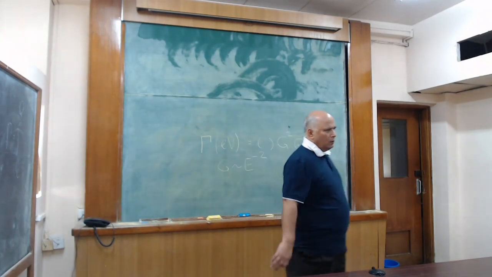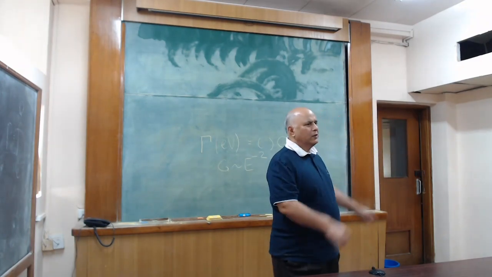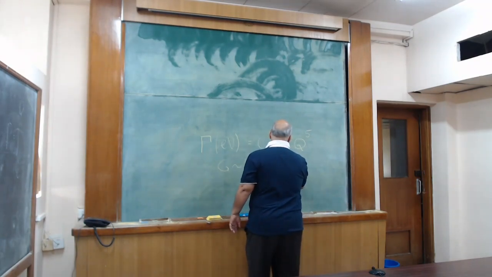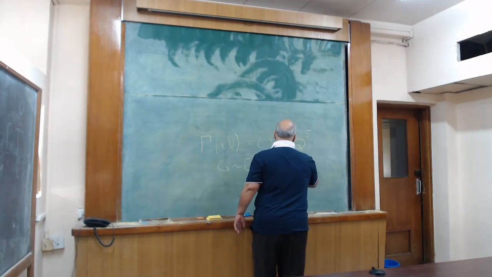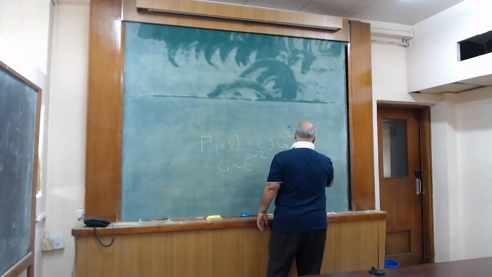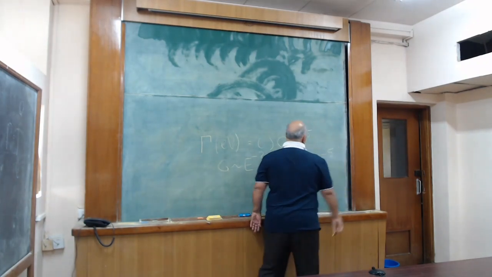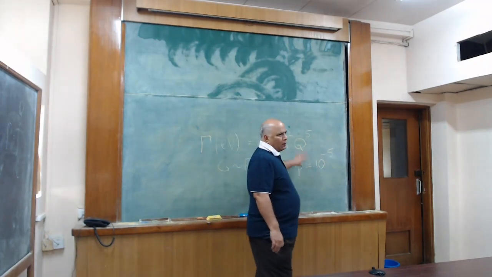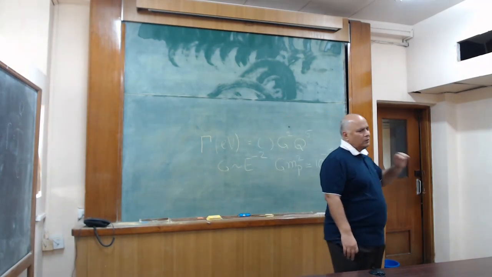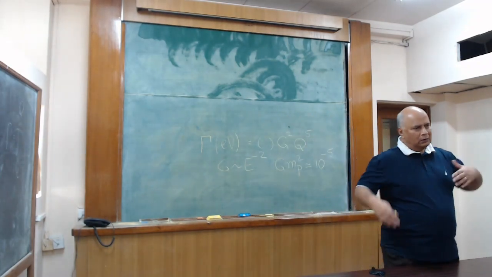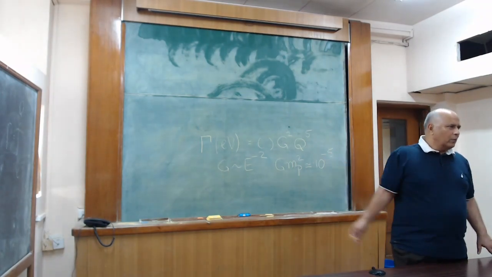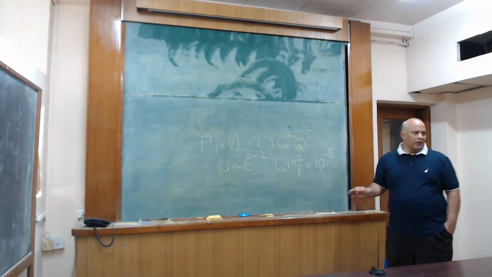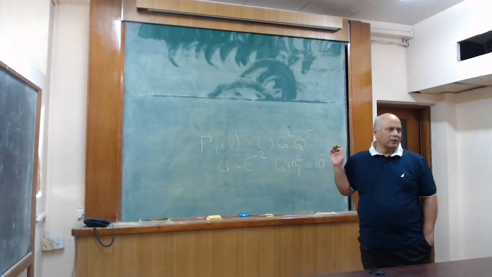If you measure the value of G, you get some number, and it is easy to remember in the following way: G times mp squared is 10 to the minus 5. The proton mass is actually 0.938 GeV, but if you approximate it as 1, then G is 10 to the minus 5 GeV power minus 2.